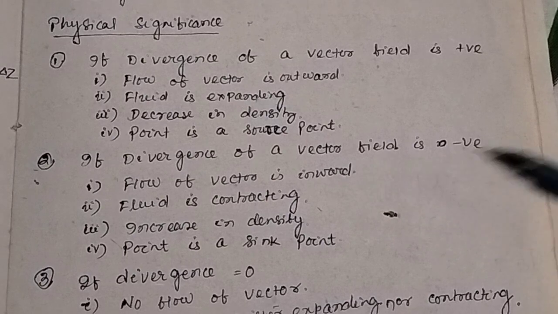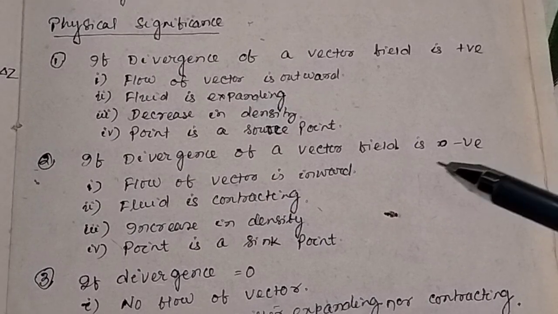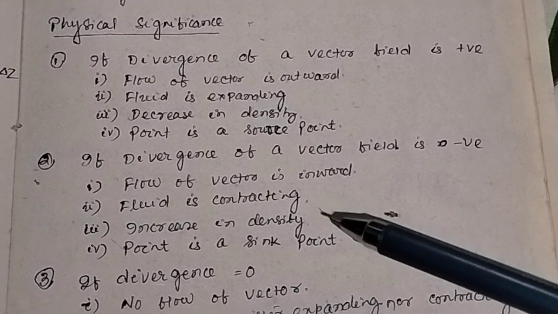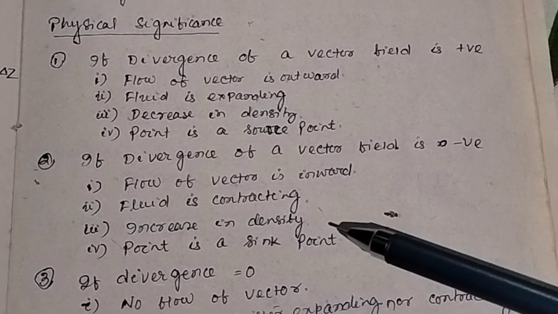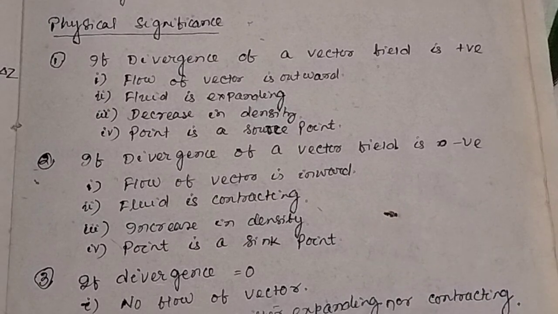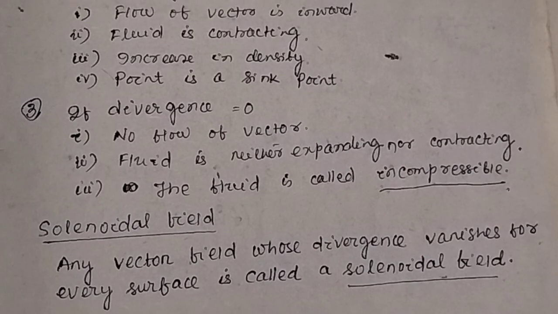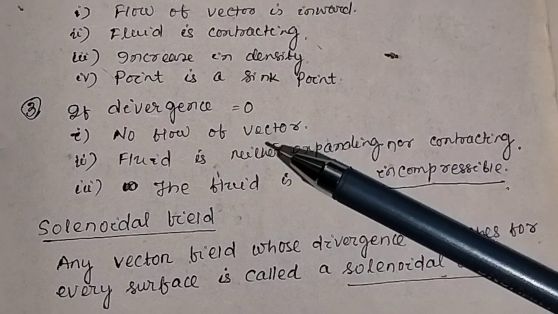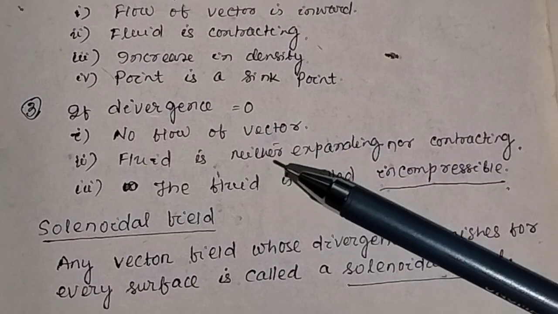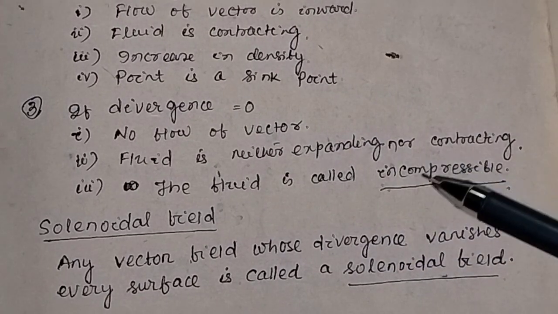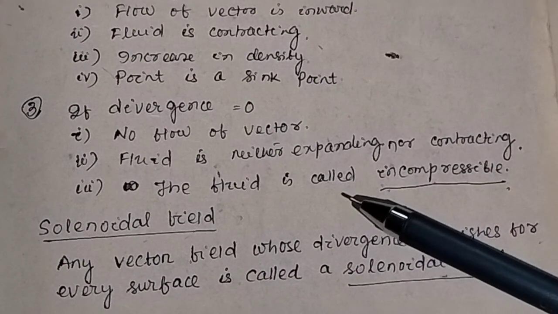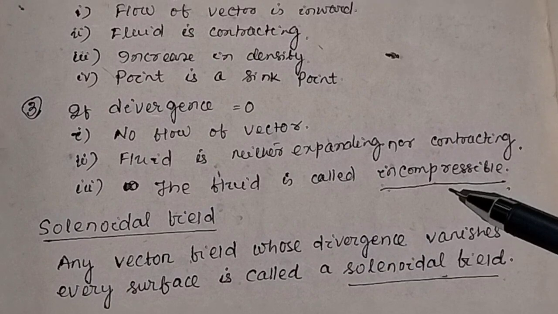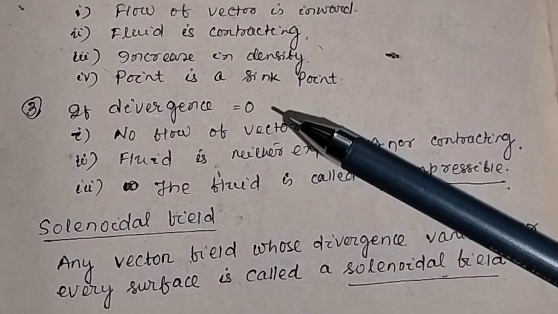If the divergence of a vector field is negative, then the flow of the vector is inward and the fluid is contracting, and there is an increase in density, and the point is called a sink point. And if the divergence is equal to 0, then there is no flow of the vector and the fluid is neither expanding nor contracting, and the fluid is called incompressible. So when you talk about incompressible, it means the divergence is equal to 0.